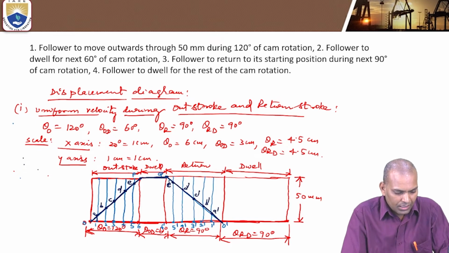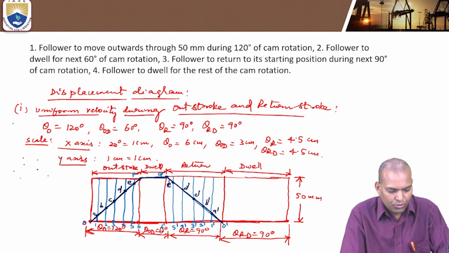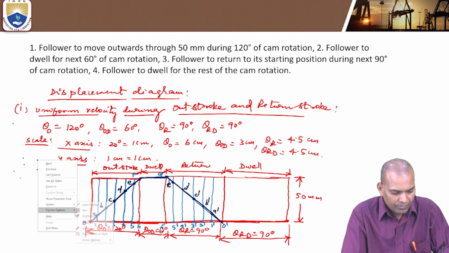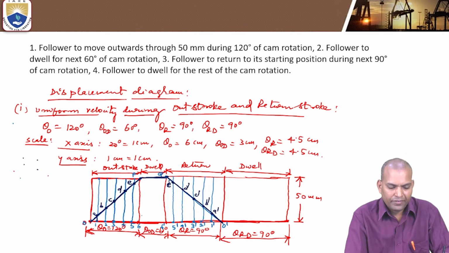Here the 120 degrees is divided into 6 equal parts. That means each part indicates an angle of rotation of the cam of 20 degrees.